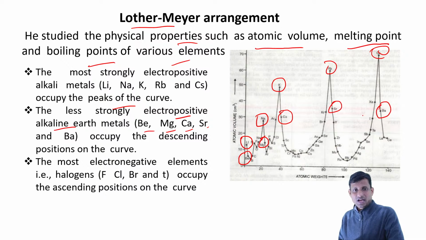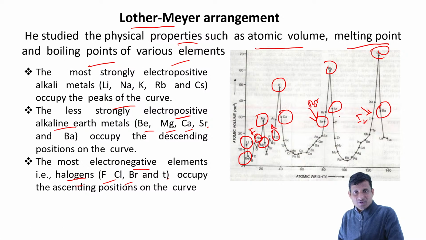And the most electronegative elements, now known to us as the halogen group, basically fluorine, chlorine, and bromine, occupy the ascending position. Before sodium we have fluorine, here chlorine, here bromine, and here iodine.